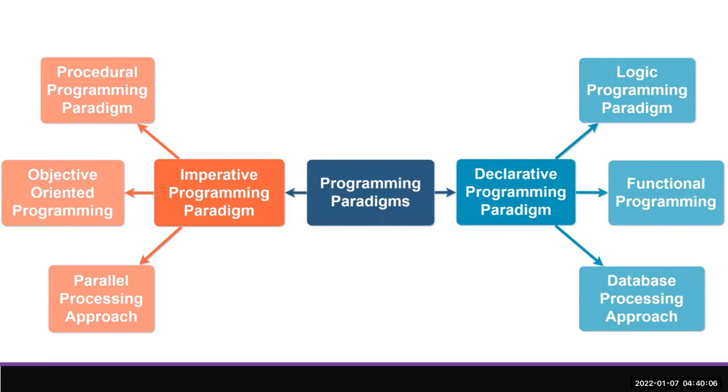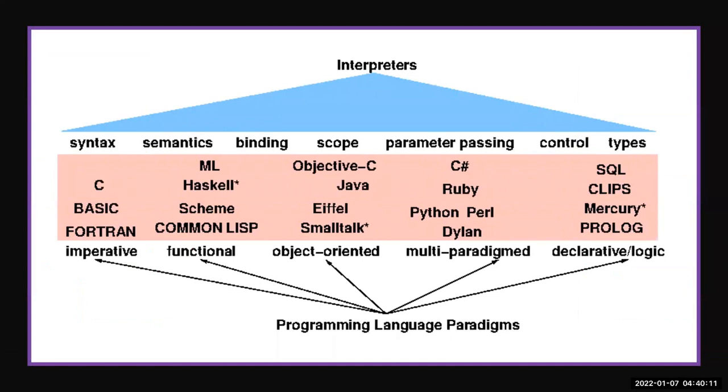So here you have different paradigms and different programming languages. C, Fortran, Basic are imperative. SQL, CLIPS, Prolog are the logic type. These are two extremes. Then we have functional languages: ML, Haskell, Scheme, Common Lisp. Object-oriented languages include Objective-C, Java, Eiffel, Smalltalk. Multi-paradigm languages include C#, Ruby, Perl, Python, and Dylan.